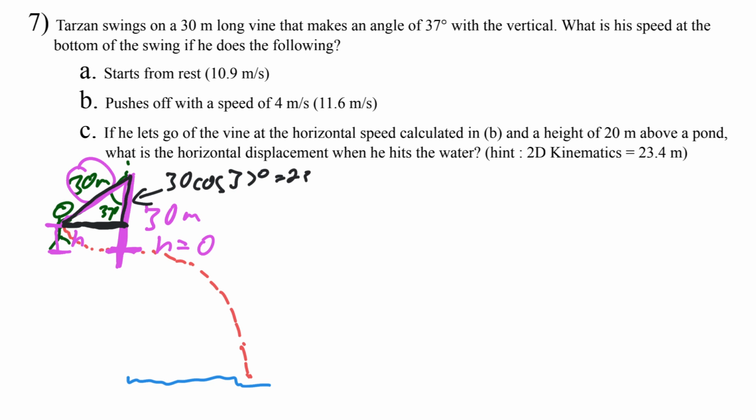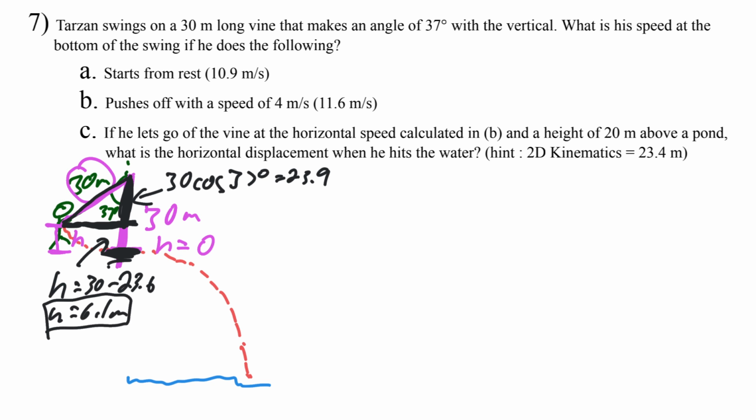So that's this distance. That means the height, if the whole thing is 30, should be the difference between those two. So my h is going to be 30 minus 23.9, which gives me 6.1. That's my starting height.